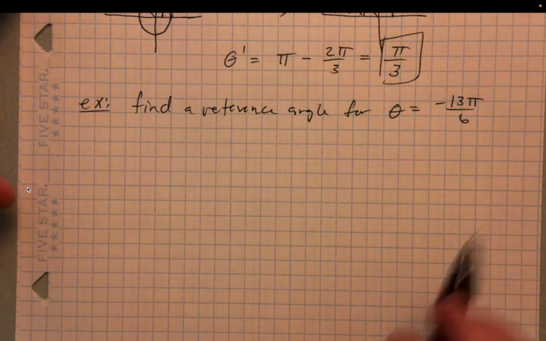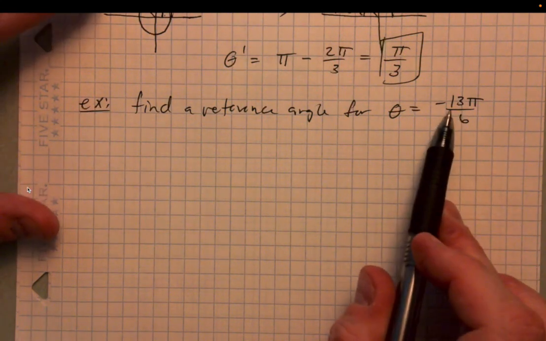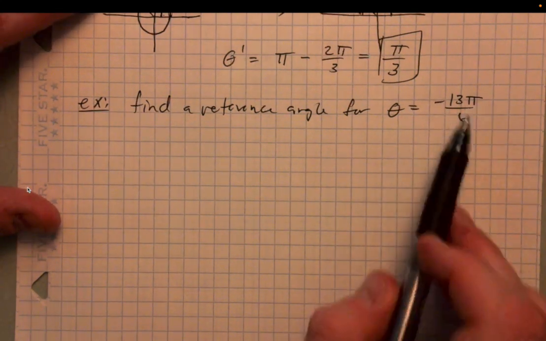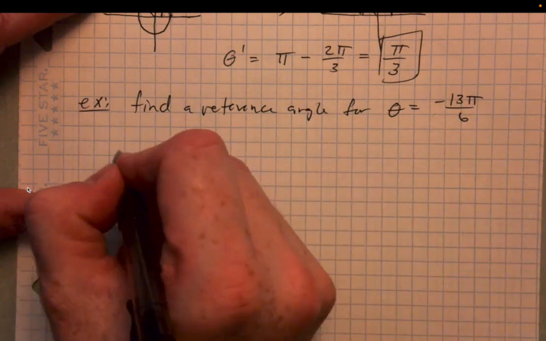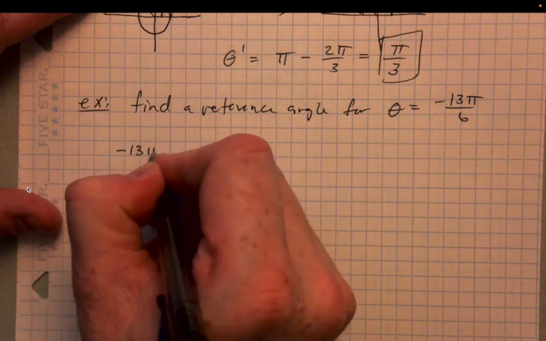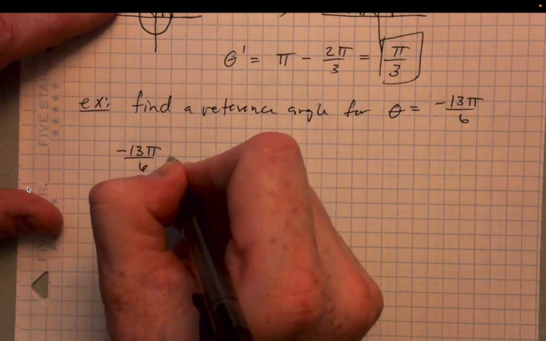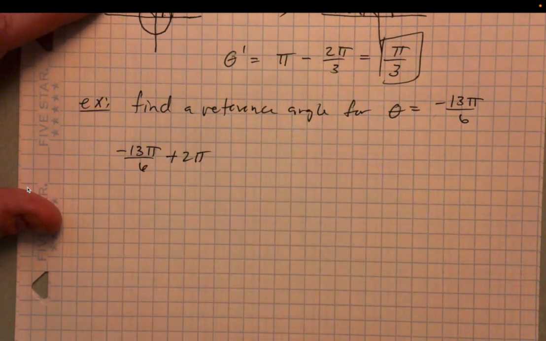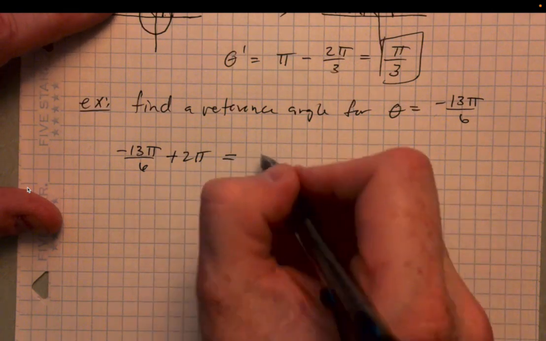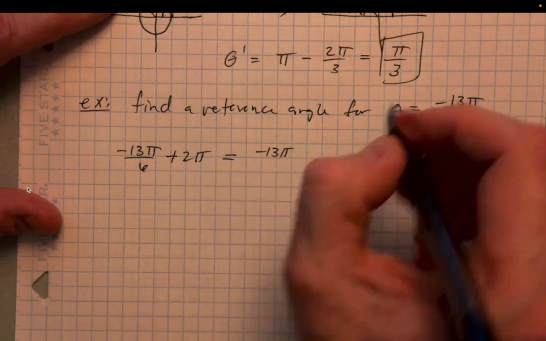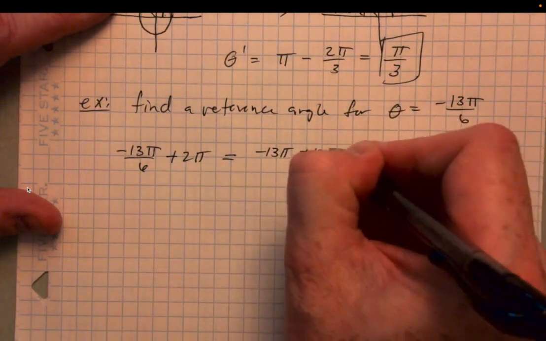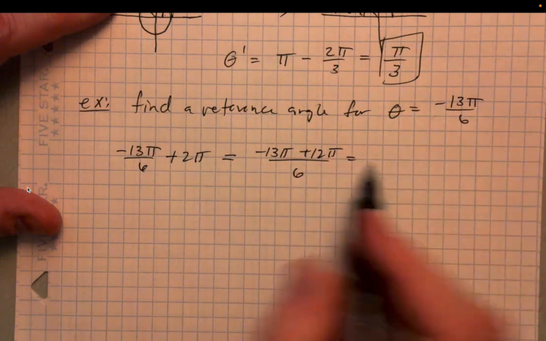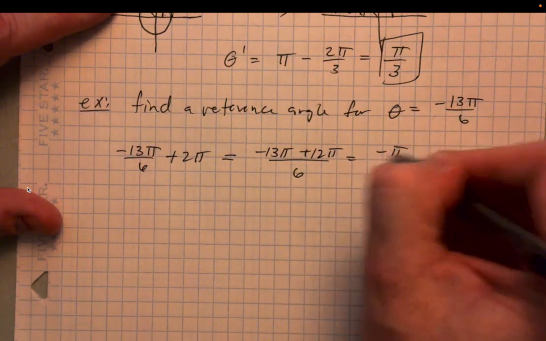So we want to add 2 pi because we want this to be positive. Well, let's see what happens here. Let's start with negative 13 pi over 6, and add to that 2 pi. When I add 2 pi, I get negative 13 pi plus 12 pi over 6, which is negative pi over 6.